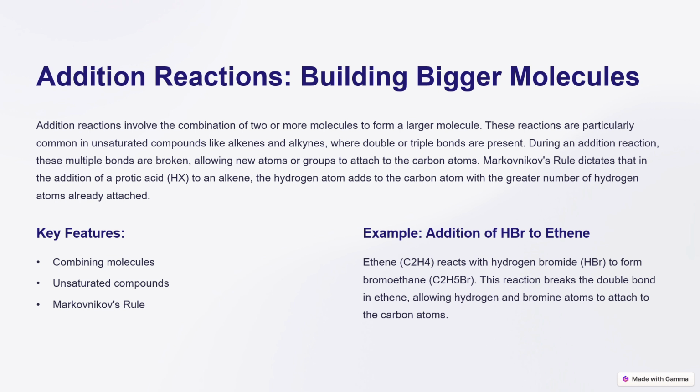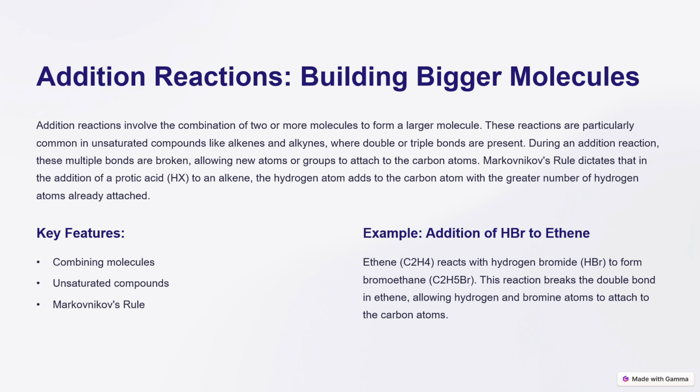These reactions are particularly common in unsaturated compounds like alkenes and alkynes, where double or triple bonds are present. During an addition reaction, these multiple bonds are broken, allowing new atoms or groups to attach to the carbon atoms.